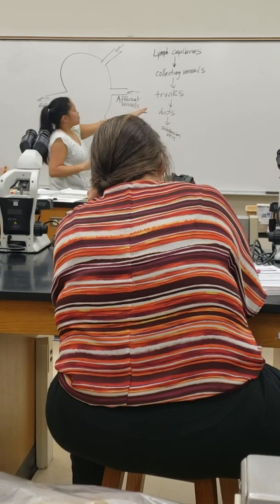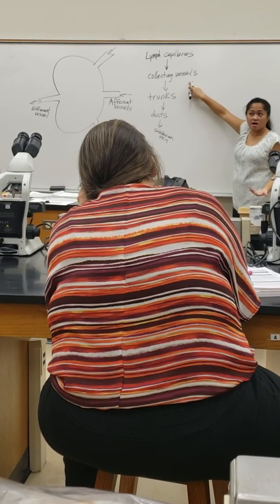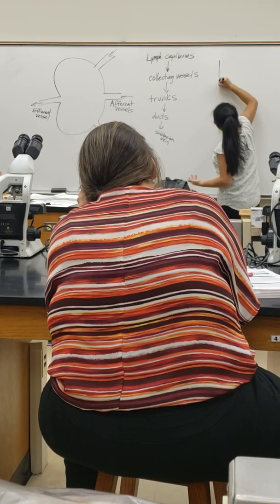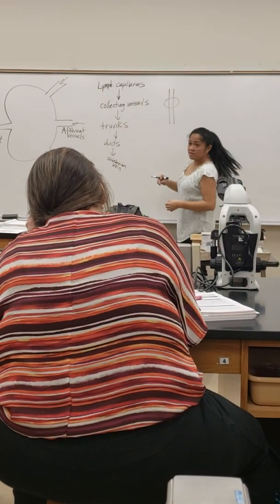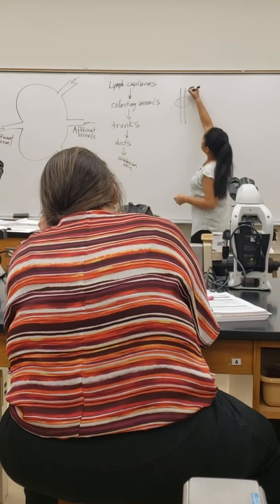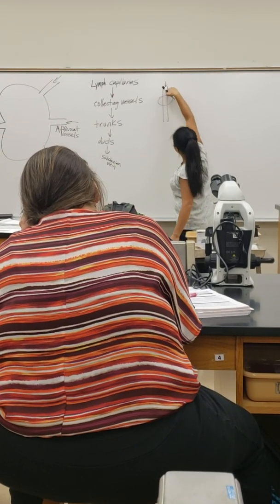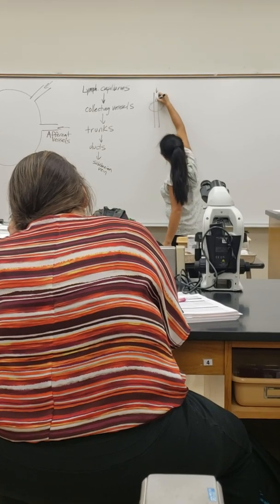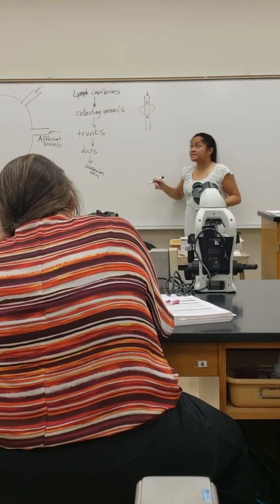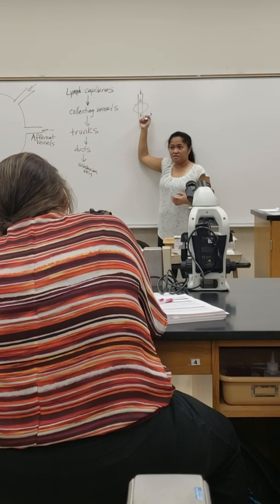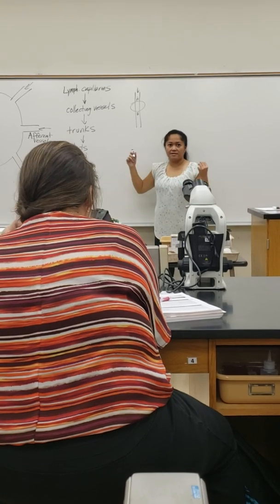So if you remember, we said that collecting vessels are where your lymph nodes are. So basically this is a collecting vessel right here, and this is your lymph node, right? So if the fluid is going in this direction, before this vessel goes in, it's called the afferent. As it's coming out, it's called the efferent. It's the same collecting vessel. It's just a matter of, is it going in or is it coming out of that lymph node?